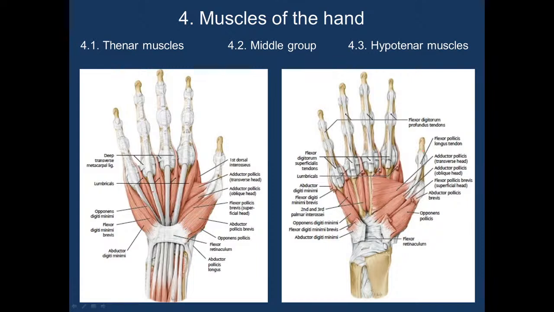The second group is also visible in our hand, we call hypothenar muscles. Hypothenar, because they connect to the fifth digit, and these two groups are quite strong.